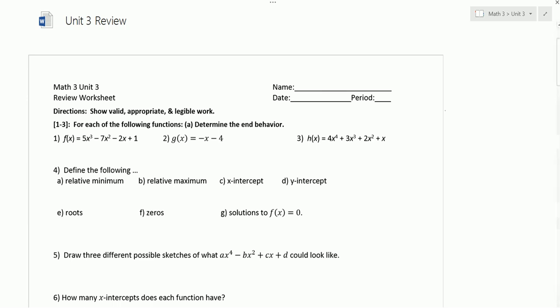We look at two things. We look at the leading coefficient, and all we care about is whether it's positive or negative.